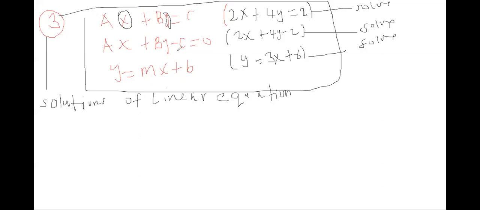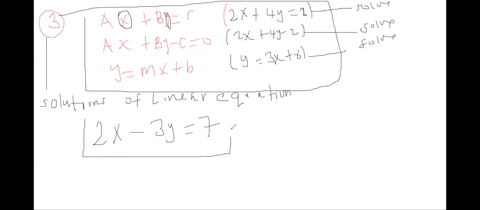For example, let's say that we have a linear equation like this, 2x minus 3y. Most of these things, I think you have seen them in high school. That's my assumption, but we still go back to refresh our minds. When you have this kind of equation, first, you have to identify what kind of equation you are dealing with.